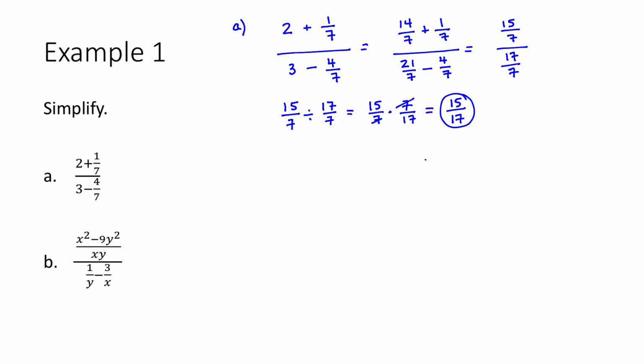Okay, let's take a look at part B. Here I have x squared minus 9y squared all over x times y, so that's one fraction. And then I have 1 over y minus 3 over x. So I want to combine these into one fraction, so I have to get common denominators.